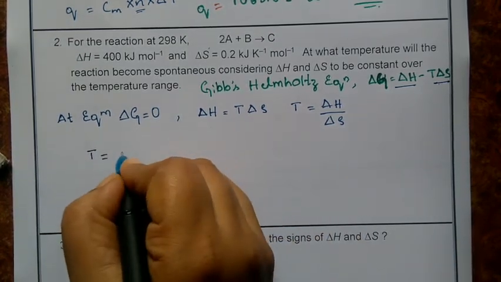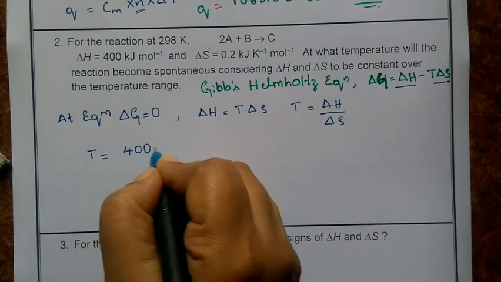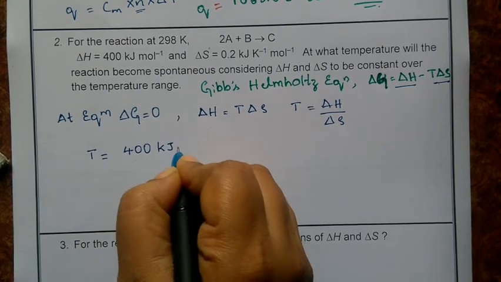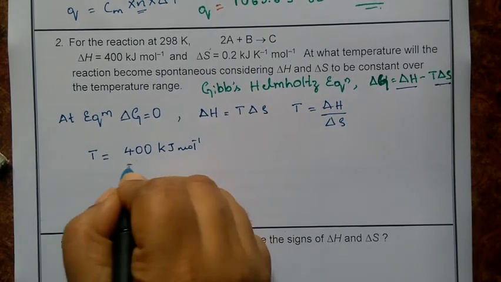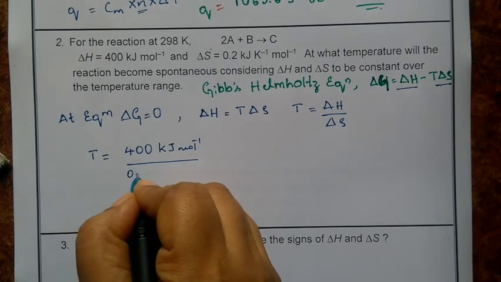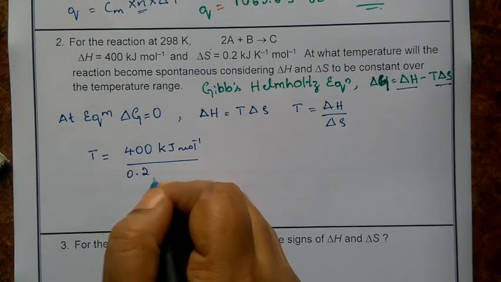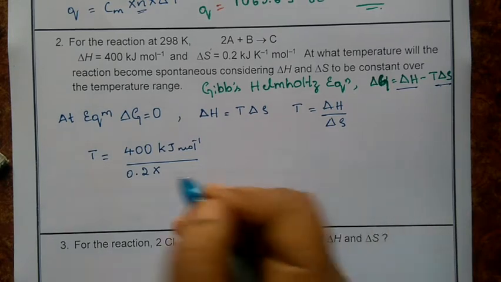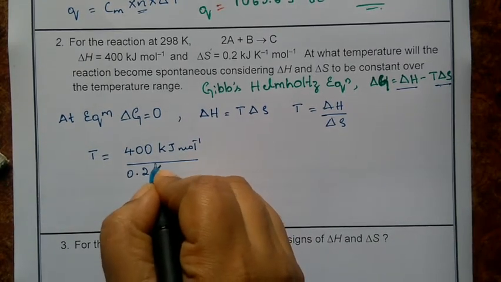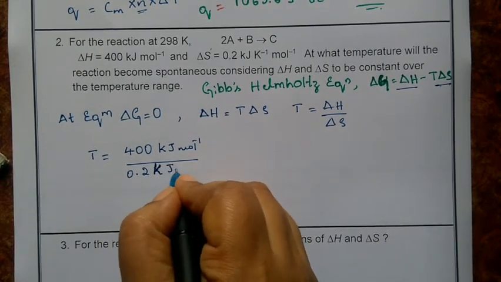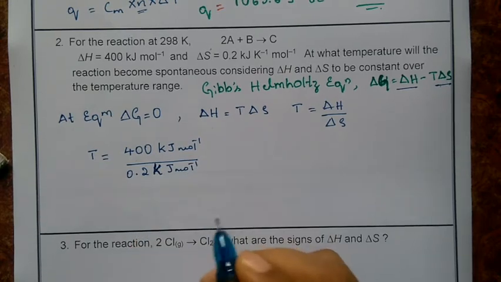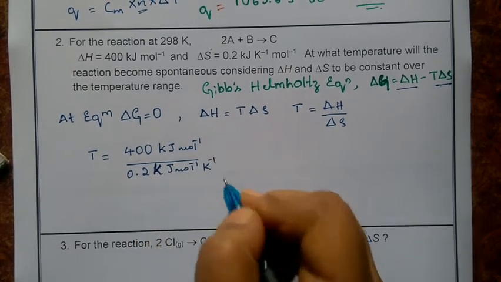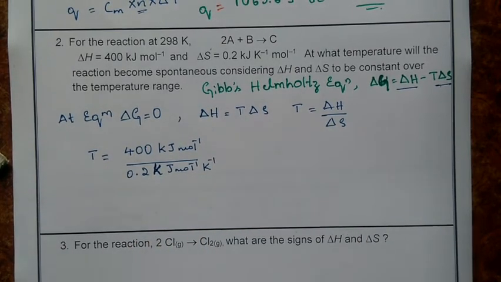T is equal to delta H, which is 400 kilojoule per mole, and delta S is 0.2 kilojoule per mole per Kelvin. Clear? Kilojoule per mole per Kelvin.